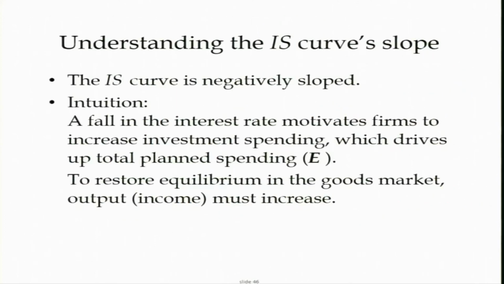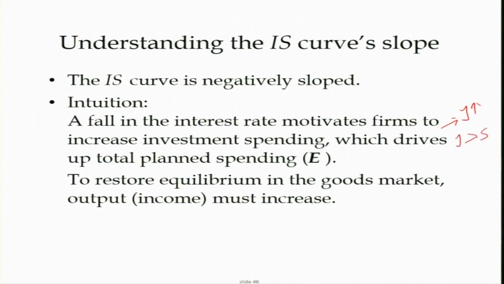So, in summary, the IS curve is negatively sloped. A fall in the interest rate motivates firms to increase investment spending, which drives up total planned spending. Here spending means total investment. When only investment is increasing, investment is going to be greater than saving.